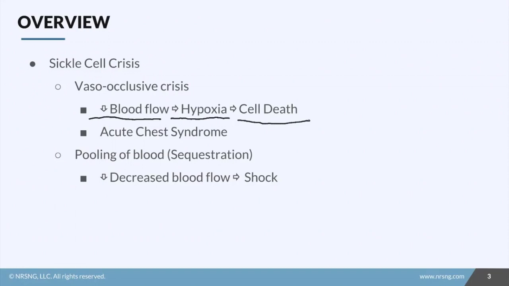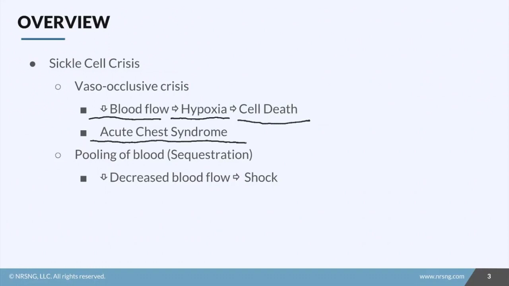The most common places this will occur are in the extremities and in joints, but it can also happen in organs. This is where I want to highlight one very serious complication, and that's acute chest syndrome. Essentially, this is when an occlusive crisis is happening in the chest. It is one of the most common complications, and it can have really poor outcomes, so it's important to be aware of it and be on the lookout for it.